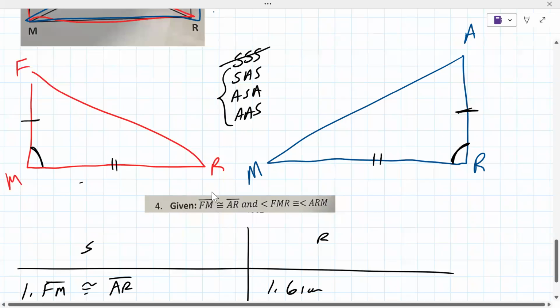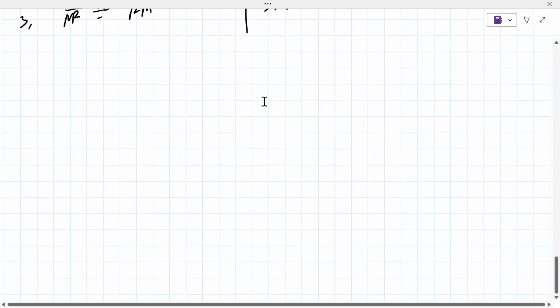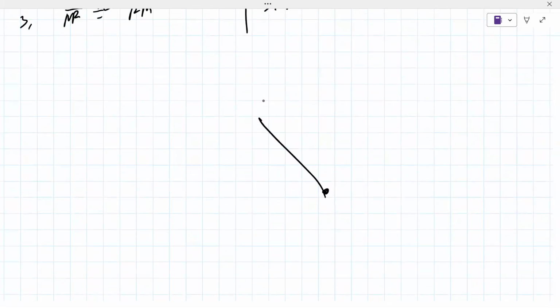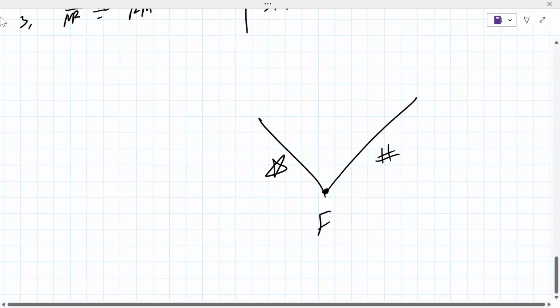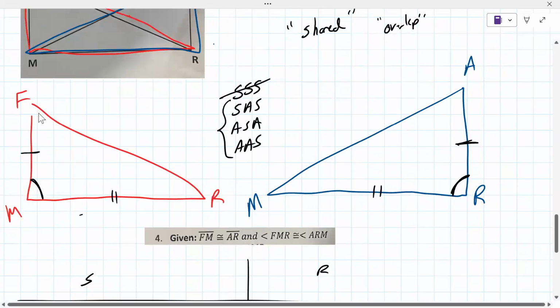It's between M and R. So let me make another drawing here. What is F between? It's between a star and a number. Yes, or whatever, something, right? So how would you describe F? What is it between? A and M.